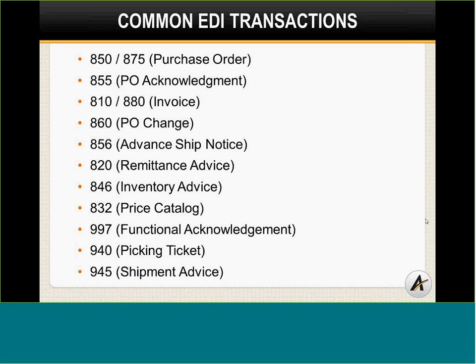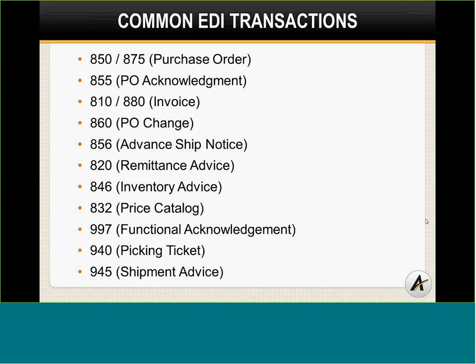So those are documents that generally you'll print out of Gentran and then determine if that order has reached the point of no return, meaning you've already packed it up and shipped it out the door. If you haven't, it's a matter of determining how to deal with that particular change, whether it's reducing the quantity, increasing the quantity, changing the ship date, those types of changes, sometimes even changing the location that you're shipping it to.